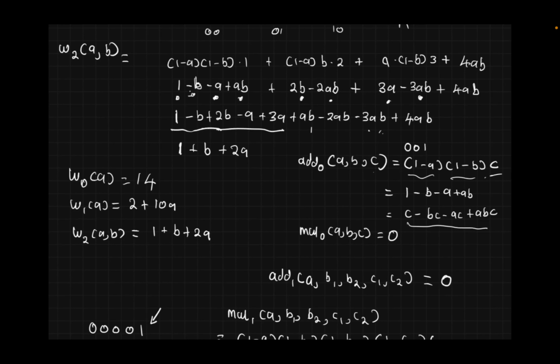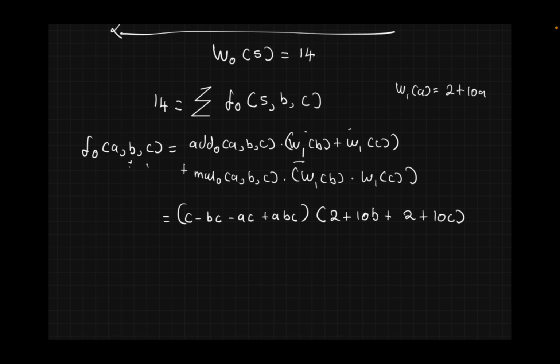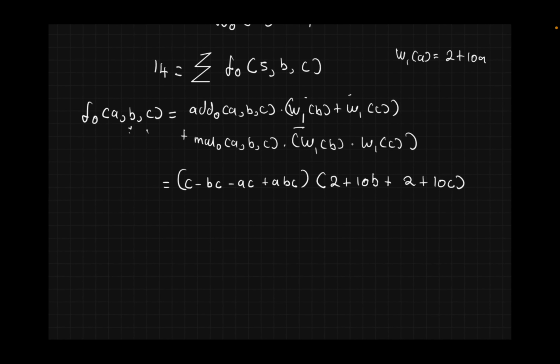We don't yet know whether this is correct, so we'll know depending on what our prover says. Cool? So that's the add part. Now we're doing the mult part. Mult was 0, so we don't need to do anything. It's just 0 times. So we're done with our F of A, B, C that can take you from W0 to W1.